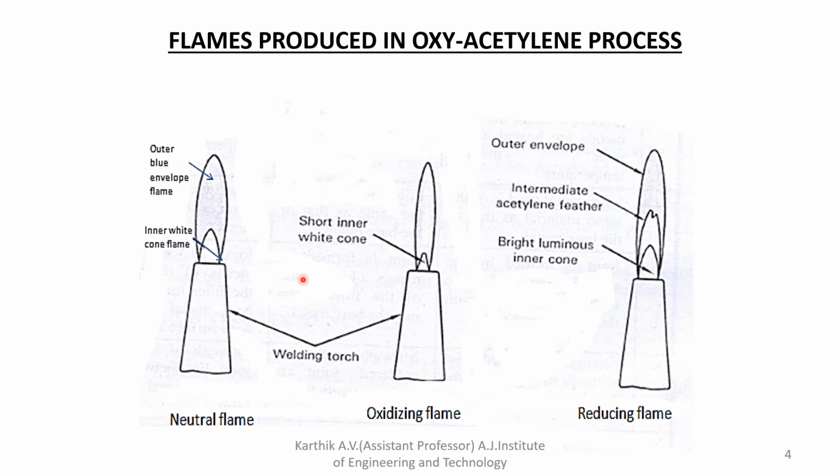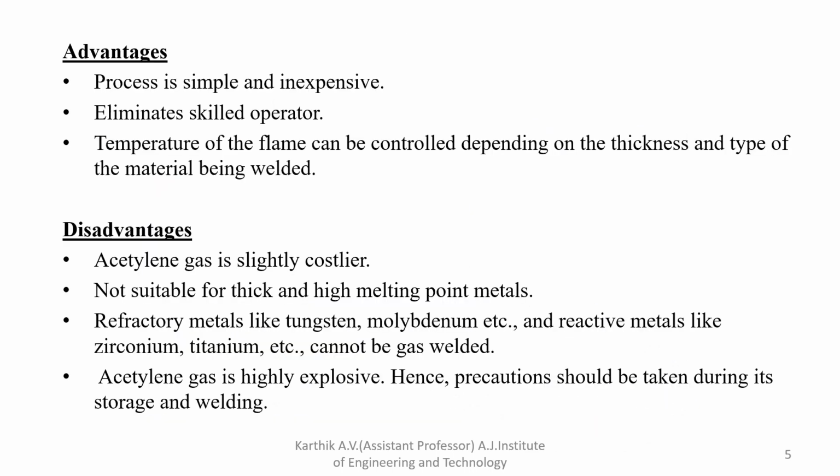And the third one is the reducing flame, also called the carburizing flame. In this case you can observe three layers of flame, and the acetylene gas percentage is more than the oxygen gas percentage. Okay, I hope all of you understood the three varieties of flame production in the gas welding process.